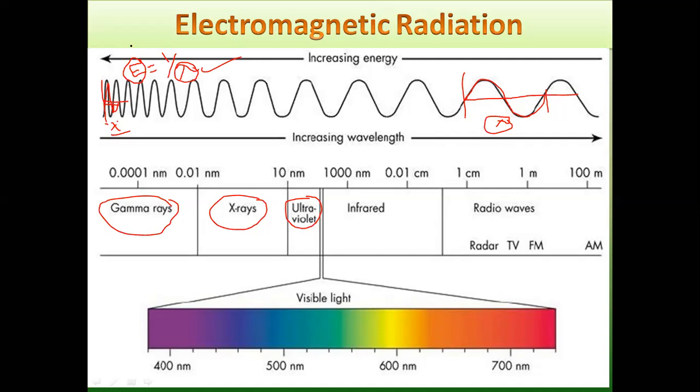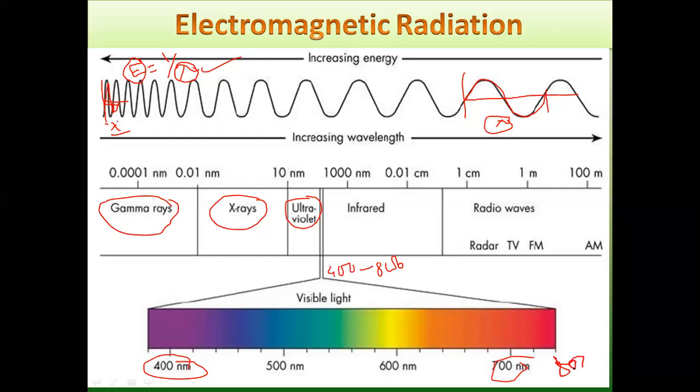So their energy is high for the gamma ray, X-ray and ultraviolet. But when we reach the visible region, their wavelength varies from 400 to 800 nanometer. This is 400 to 700, and 800 means nearer to the 800, like here.